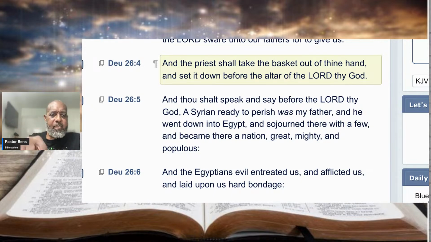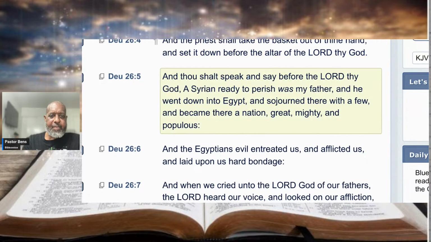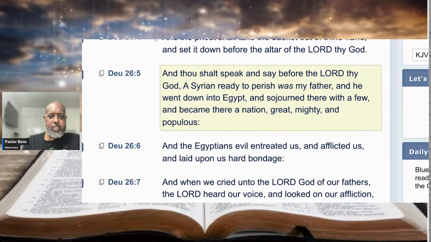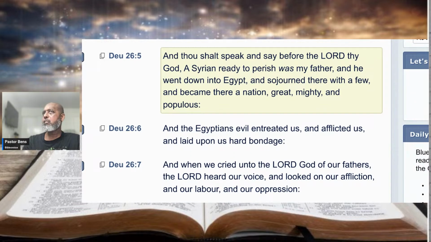And he went down into Egypt and sojourned there with a few and became there a nation, a great and mighty populace. And the Egyptians evil entreated us and afflicted us and laid hard bondage on us.